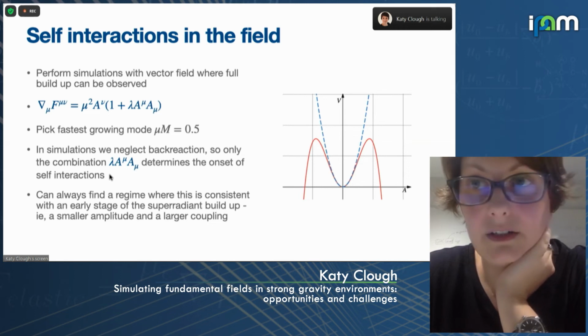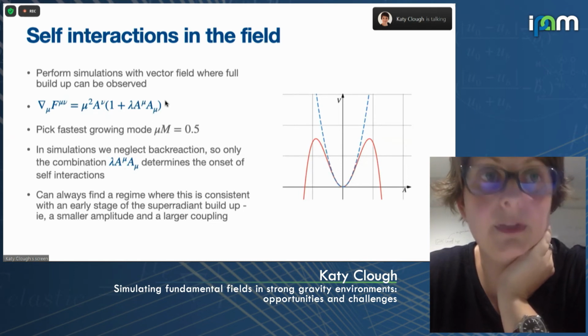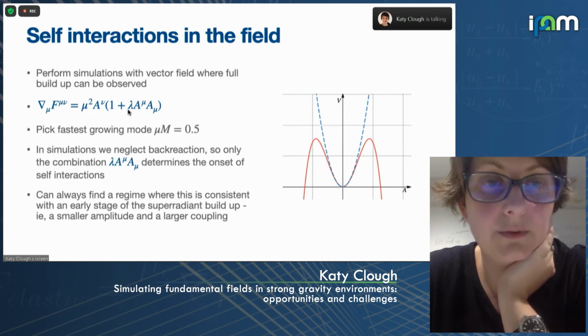In the simulations, we can actually neglect back reaction, and then only the combination here determines when the onset of the self-interactions happens. So you actually have a rescaling symmetry between lambda, your coupling, and the amplitude of the field. So we can always find a regime where this is consistent.